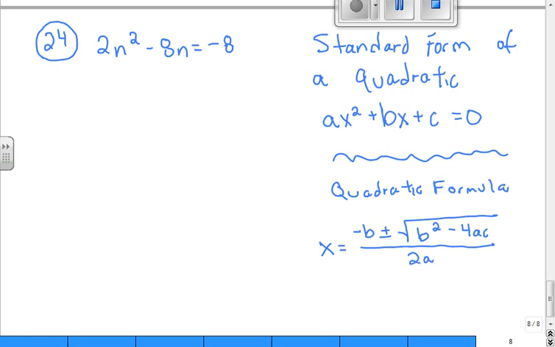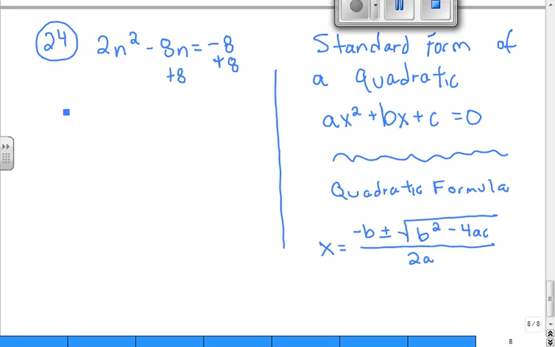Okay, so now that we have that out of the way, we're actually going to use it. We've got to make sure that our equation is in standard form. That means it needs to be equal to 0. So I'm going to have to add 8 to both sides.